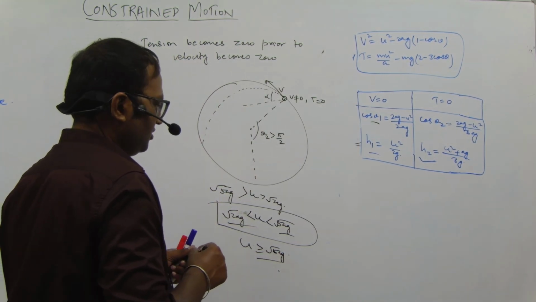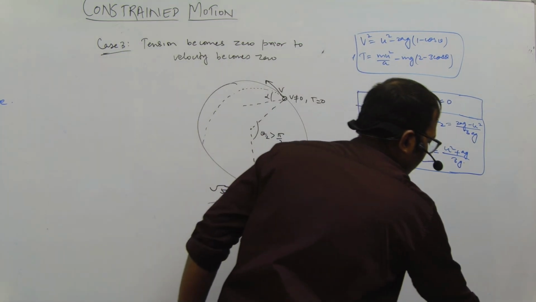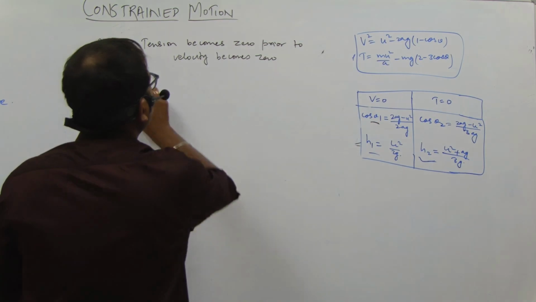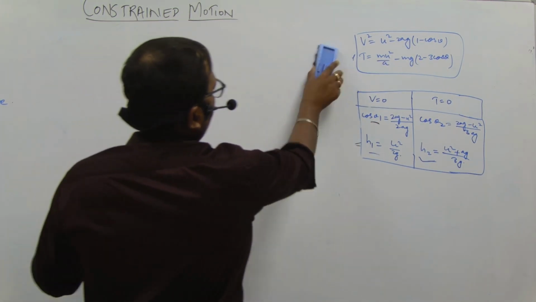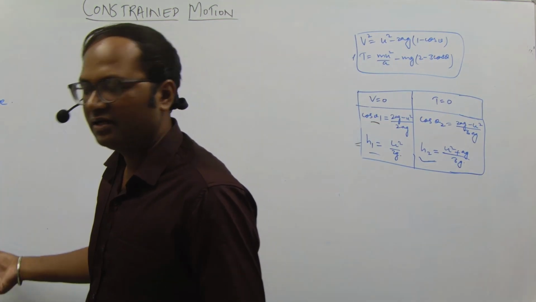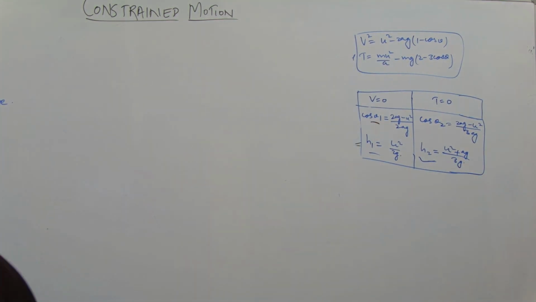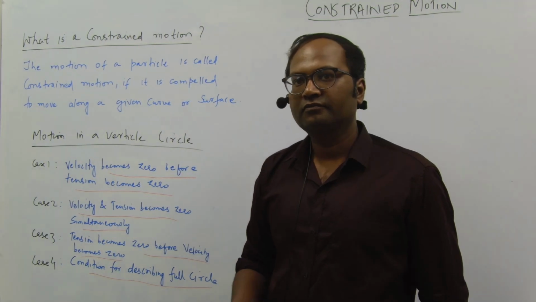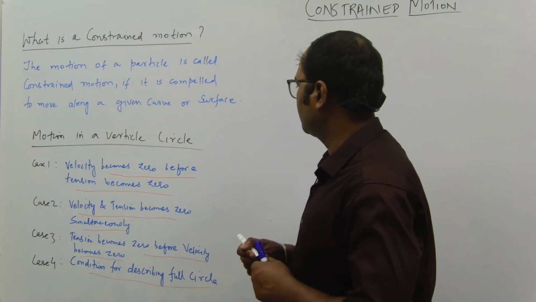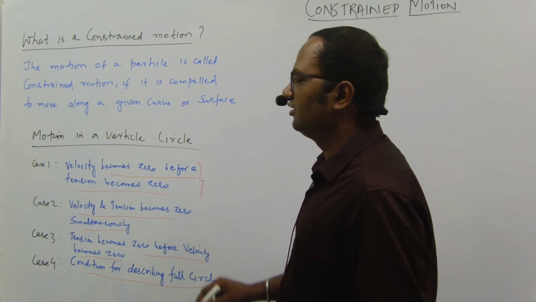Okay, so let us write down the conclusion at a single place, in a tabular manner. Velocity becomes 0 before the tension becomes 0.